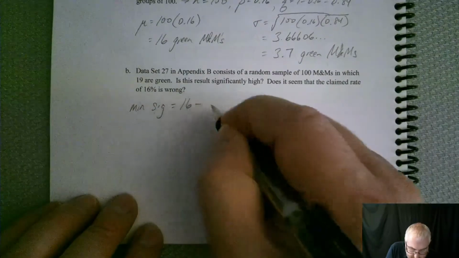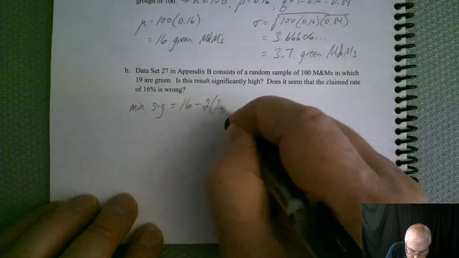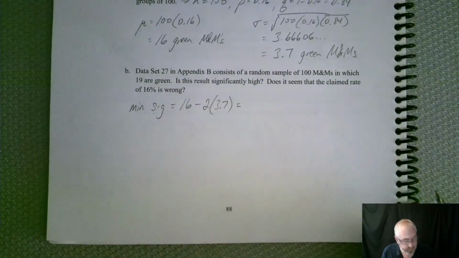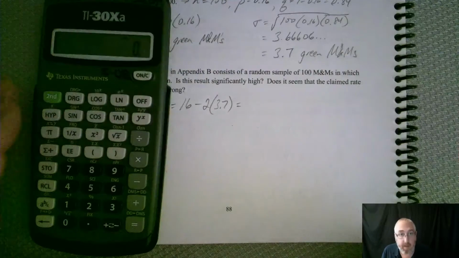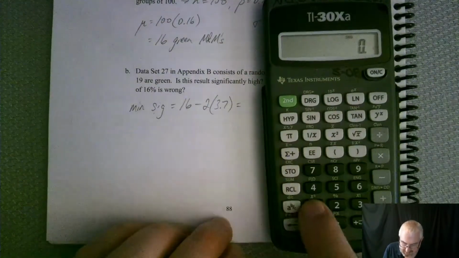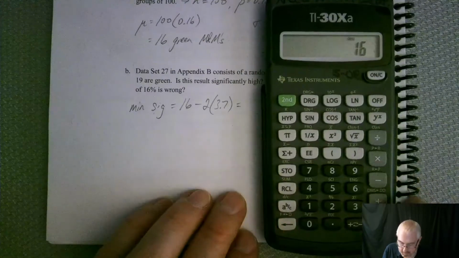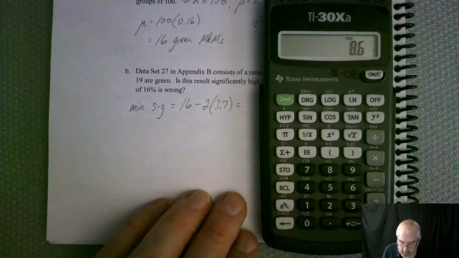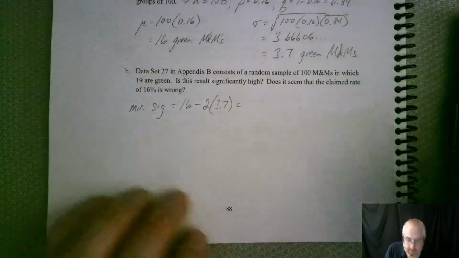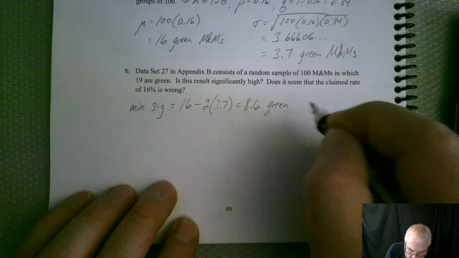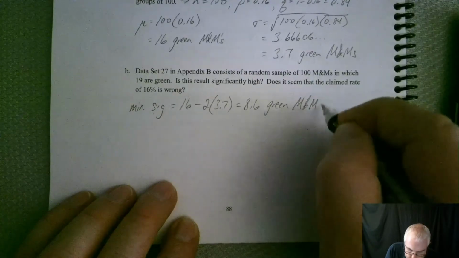So we got 16 minus 2 times 3.7, which is equal to, well, let's be safe, put it in the calculator. 16 minus 2 times 3.7 equals 8.6. So we got 8.6 green M&Ms.